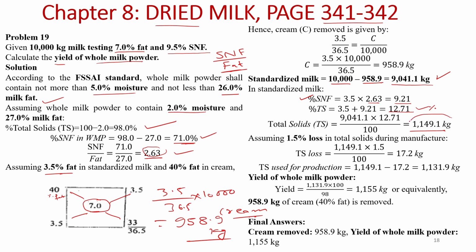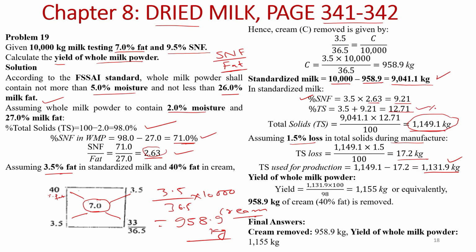So this much TS is there in the standardized milk, and say we are assuming that 1.5% loss occurs in total during manufacturing. So if we calculate 1.5%, it is about 17 kg, and the TS then will be 1131.9 kg, that is used for production.